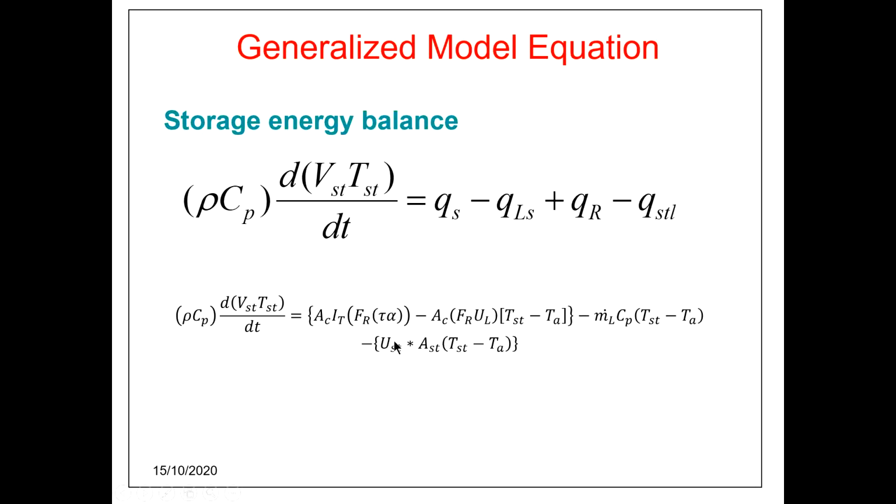So watt per meter square Kelvin times meter square times again delta T comes out to be watt or joules. So Tst minus again Ta, across the storage temperature only the loss is taking place. So you can see here Tst is the variable, and here also Tst and Tst are variables.